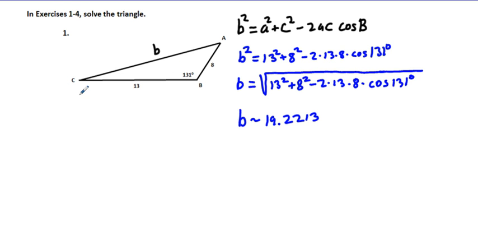But we're going to say the sine of angle C over side c, which is 8, is equal to the sine of angle B. Well, angle B is going to be 131, so we'll say sine 131 degrees over side b, which is 19.2213.